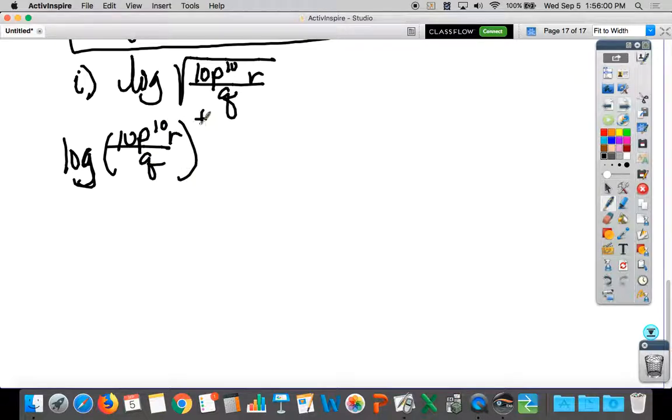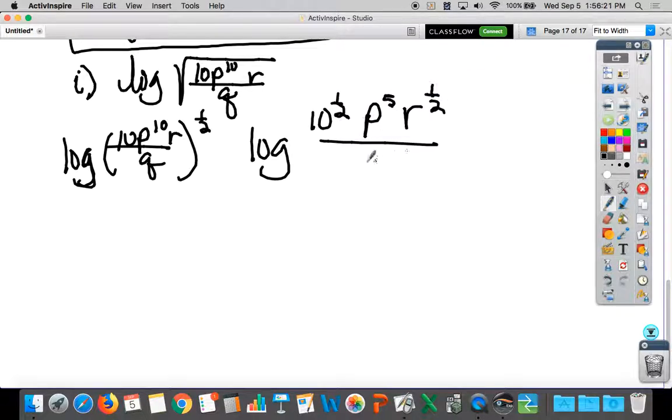Now, I'm going to tell you if a mistake is going to be made, it's going to be made right here. You're not going to separate the 10 and the P to the 10. You do. But if a mistake's going to be made, that's where it's going to be made. So this is actually log 10 to the 1/2, P to the 5th, R to the 1/2, over Q to the 1/2.